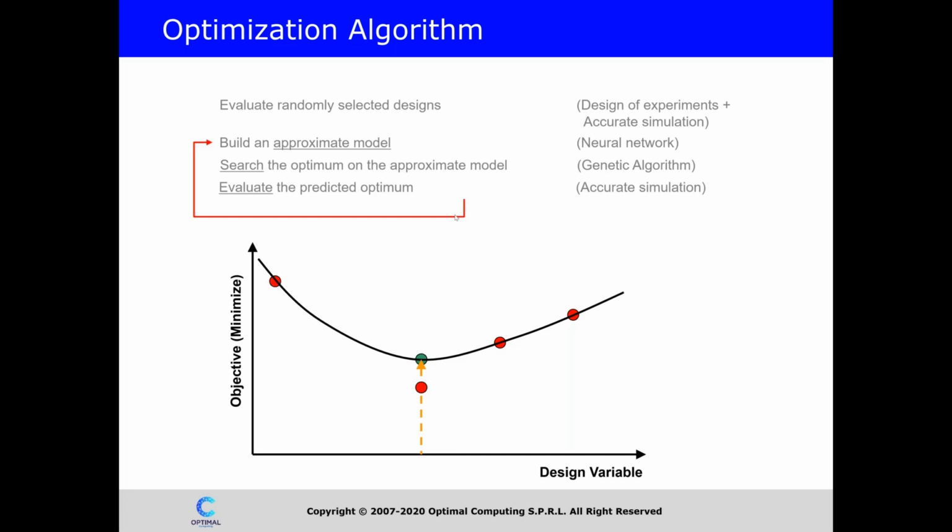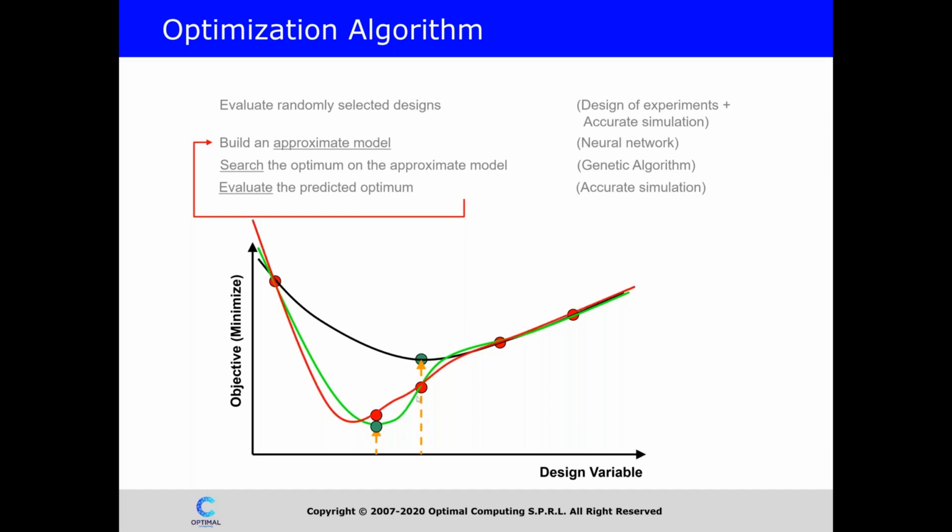And then we do again and again the same cycle by constructing the approximate model, searching for the optimum using the genetic algorithm based on the neural network approximation, and then evaluating the accurate answer using the accurate simulator.